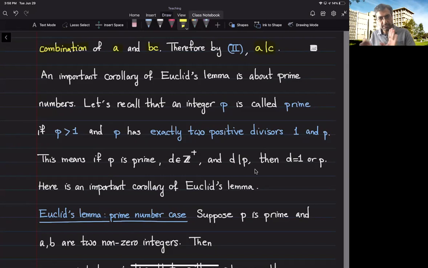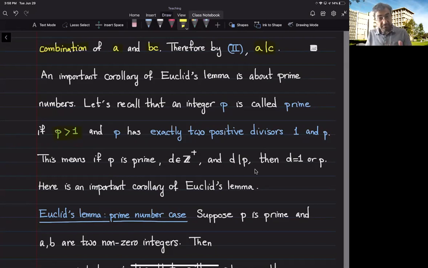Okay, so again, let's go slower. An integer p is called prime if, first of all, it is more than 1, and second, it has exactly 2 positive divisors, one of them 1, the other one p. Remember, p is more than 1, so p is not the same as 1.